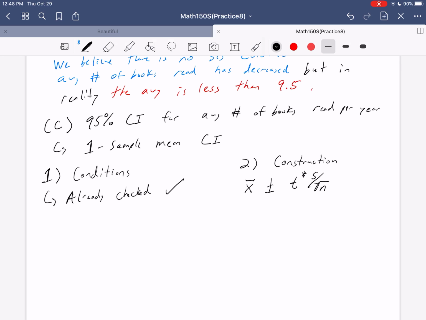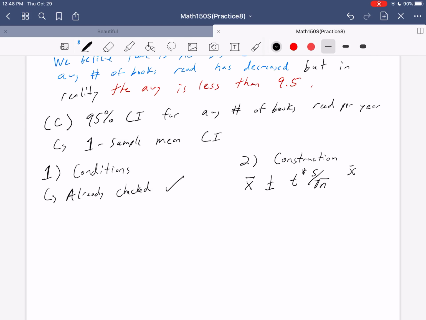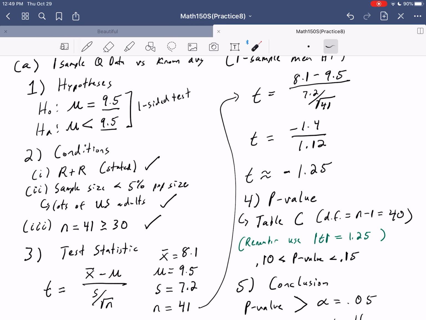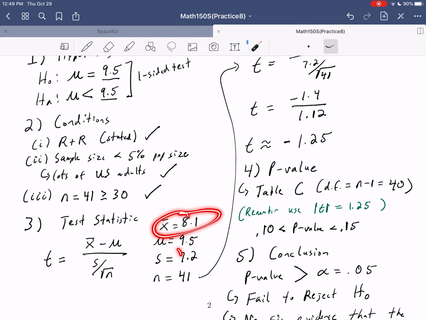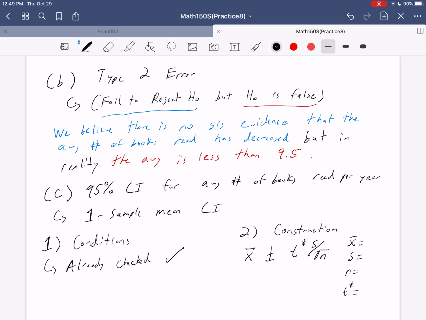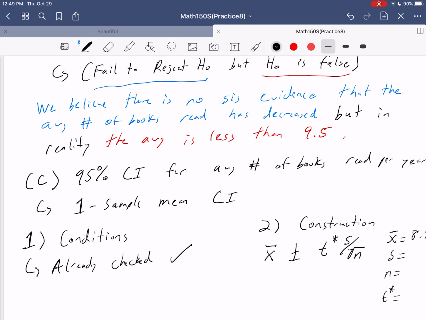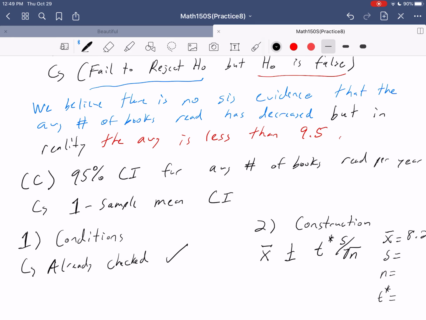So to fill in this formula, there are four things that we need. We need to know the x bar, the s, the n, and the t star. Some of these, x bar, s, and n, we've already used, so let's go back and just find them. Remember, our x bar was 8.1, our s was 7.2, and our n was 41. So this was 8.2, right? That's what we just said, I think.